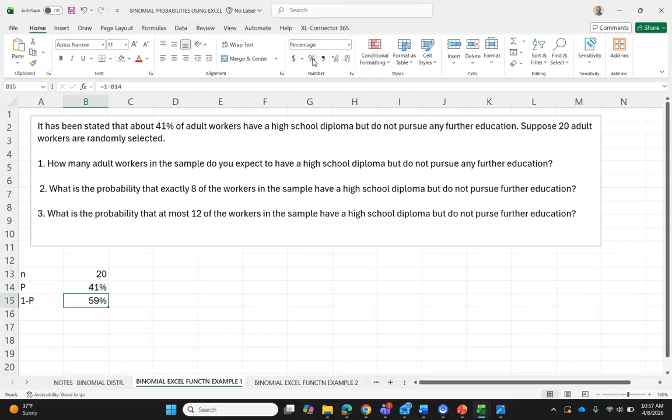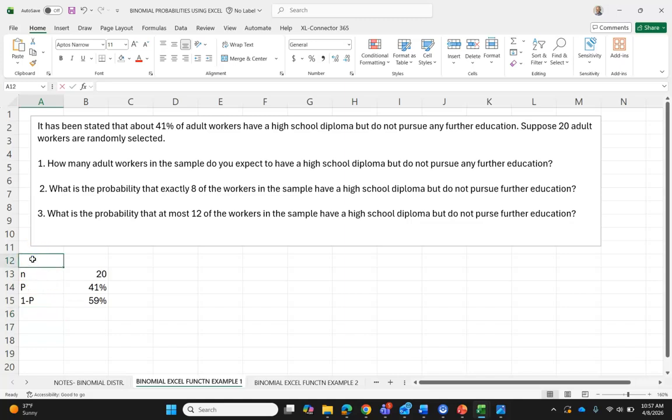So that's the opposite of what we are looking for. It is the complement of the high school diploma but no further education. So here we have satisfied that, and I'm going to go back here.